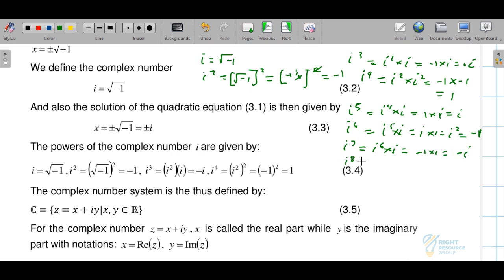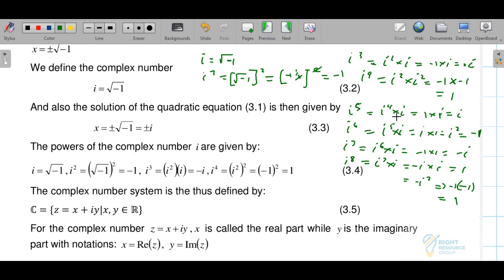And i to the power of 8 is equal to i to the power of 7 multiplying i, which is minus i multiplying i, which is going to give you 1, because when you do this you have minus i squared, and this is minus 1 multiplying i squared. i squared is known to be minus 1, so this is going to be equal to minus 1 times minus 1, which is 1.